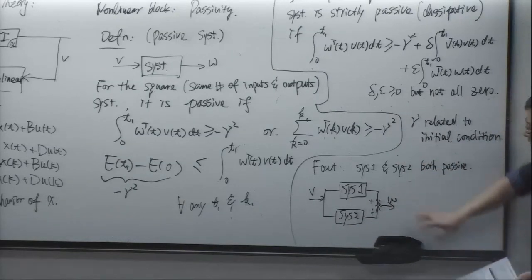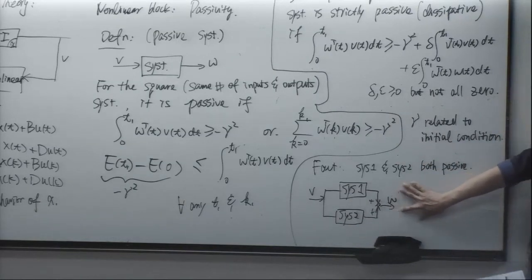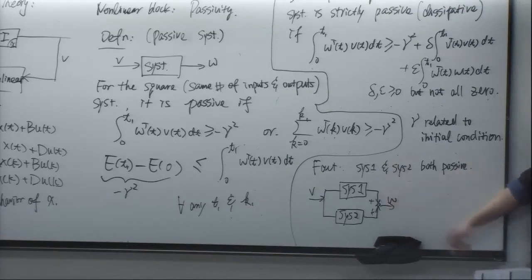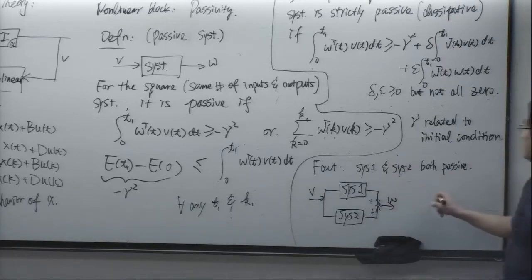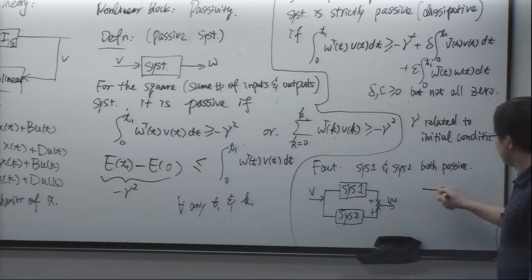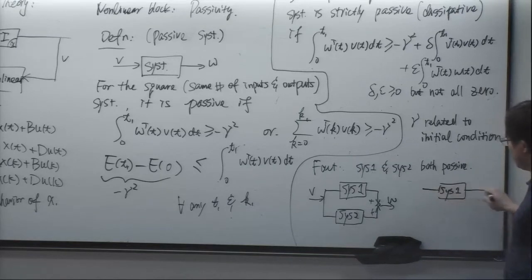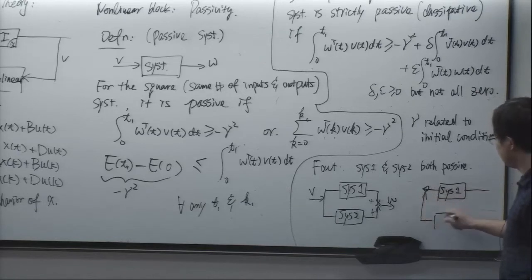Then we can show that a parallel connection of the two systems is also going to become passive. If you run two passive systems together, it's going to become a passive system. And what's even more interesting is if you connect two passive systems together in a feedback loop, it's also going to become passive.